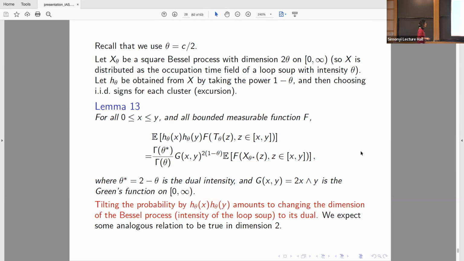So in fact, here in the first expectation, in order to have something non-zero, I think you need x and y to be in the same cluster. Otherwise, they take independent signs and you'll get 0. This is why it's like making the intensity on the segment xy to be the dual intensity, which is supercritical. So they almost surely lie in the same cluster.